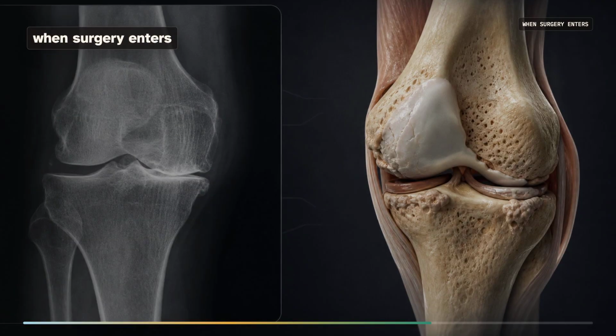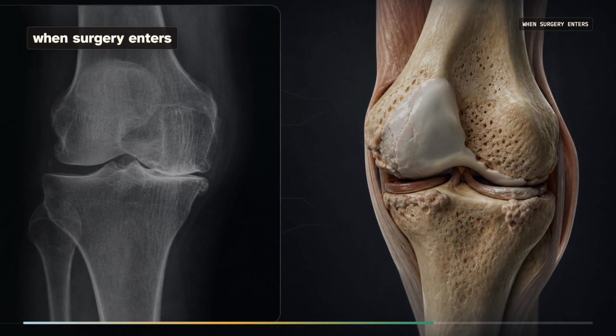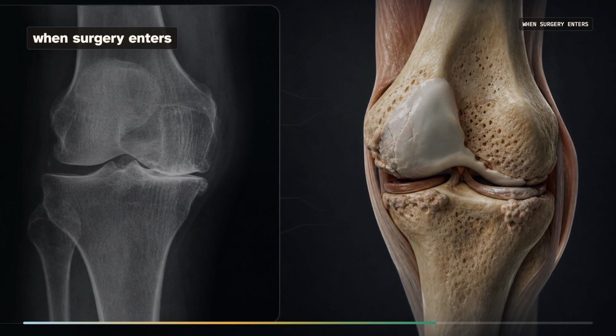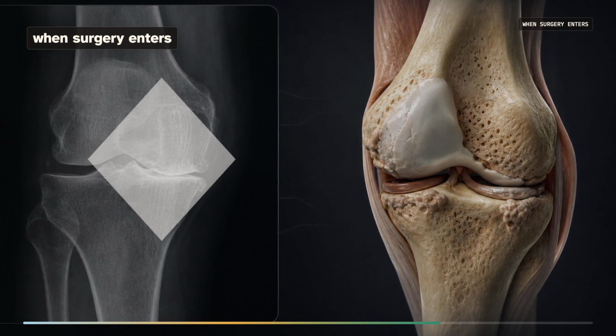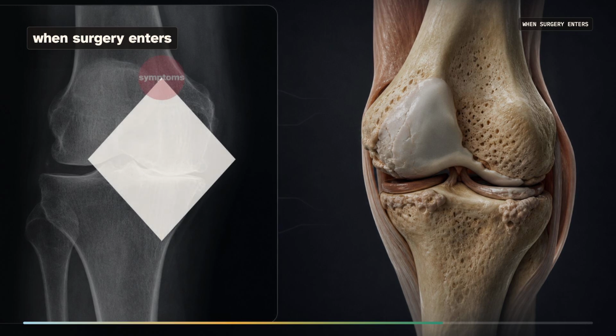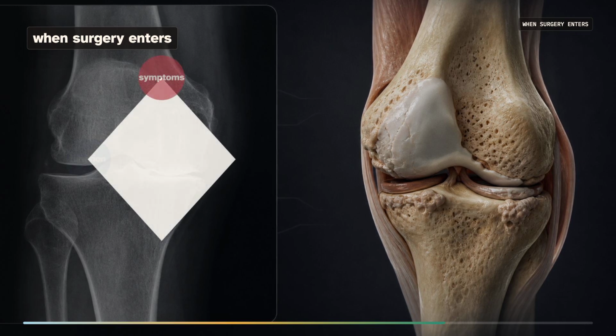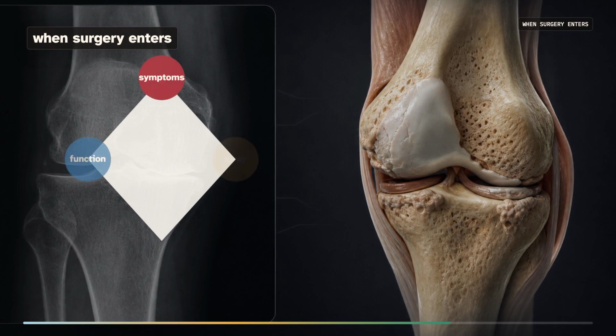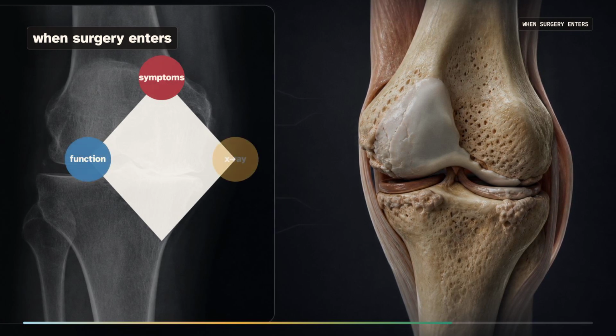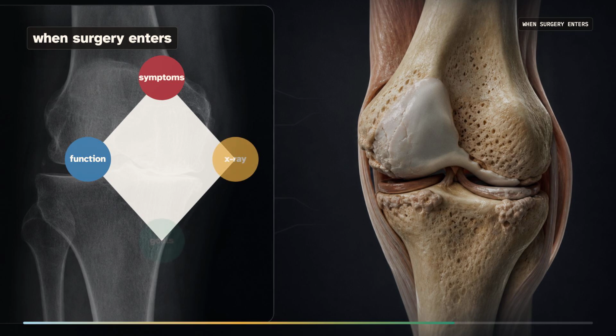Surgery enters the discussion when symptoms, function, examination, X-rays, and patient goals all line up. If disease is mostly in one compartment, selected patients may be considered for realignment osteotomy or partial knee replacement. If disease is widespread, total knee replacement becomes more relevant.